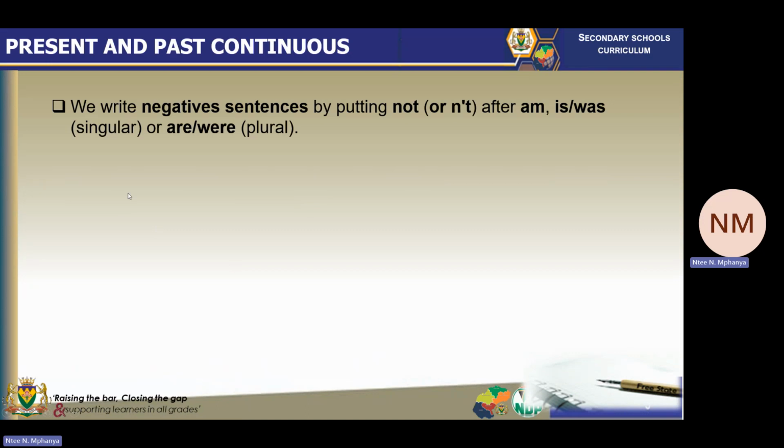We also write negative sentences by putting not, or the truncated apostrophe t, after am, is or was if the subject is singular, or are or were if it is present or past continuous where the subject is in plural form.